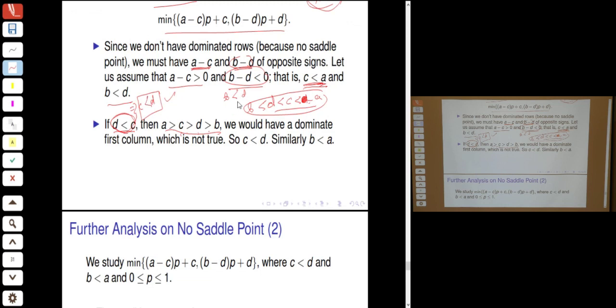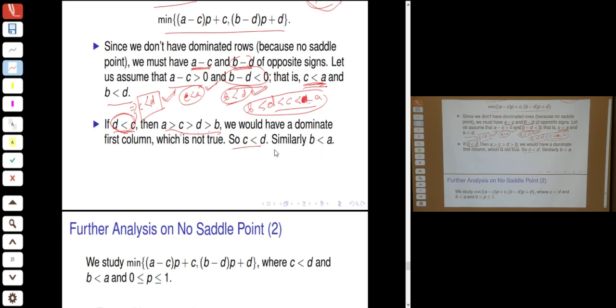So we have B less than D, this is okay. C less than A, this is okay, and C has to be less than D. Okay? So these are the relationships, with the tick marks being the okay relationships.